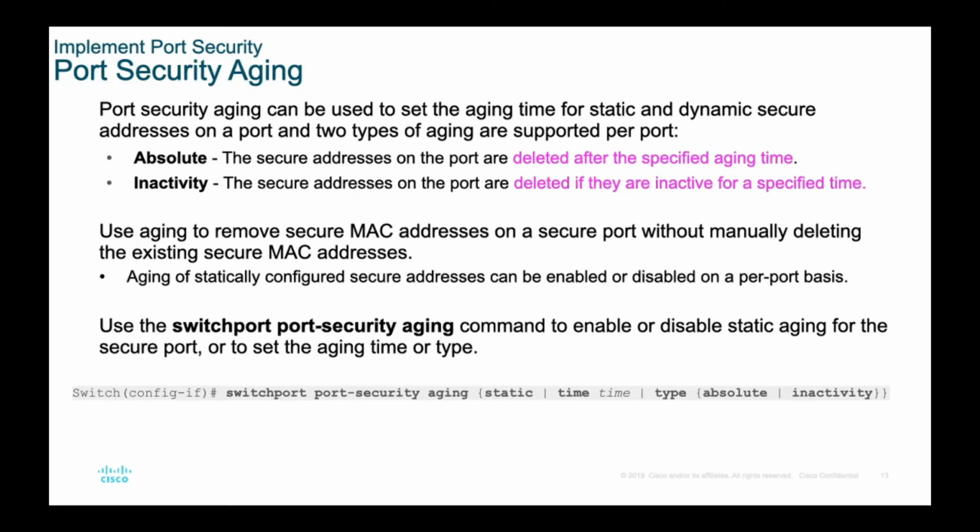So how to use port security aging? The command for port security aging is switchport port-security aging, and then there is an option for aging: either static, time, or type. For static, you would like to put aging for a MAC address that you manually enter.